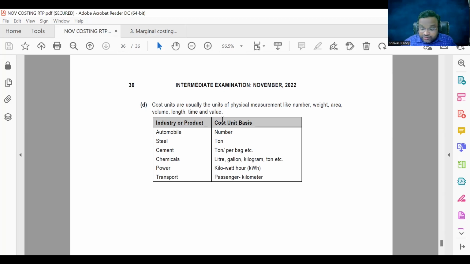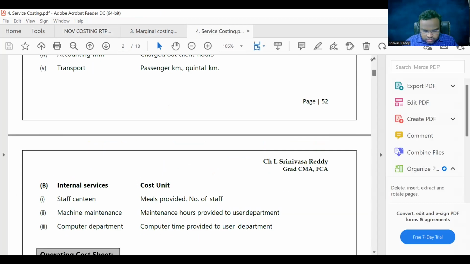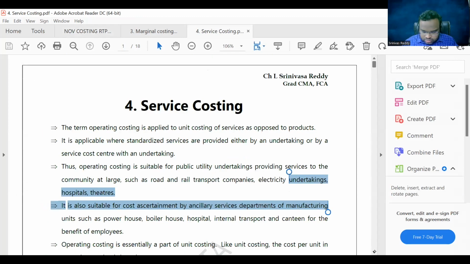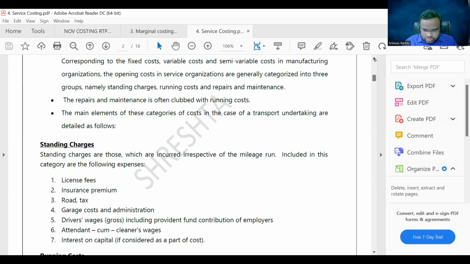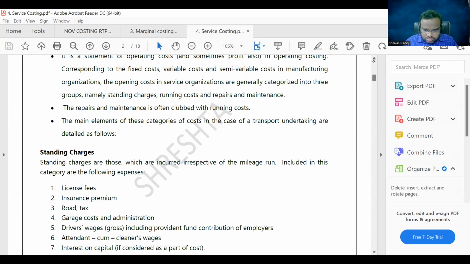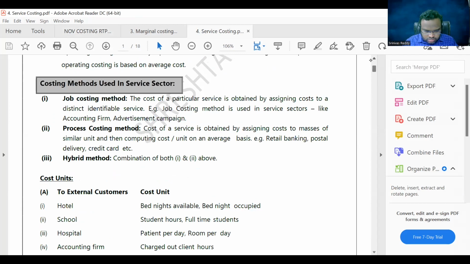Even though it is in the first chapter, I request you to work it out in the service costing chapter as well. From hotel, school, hospital, accounting firm, we have worked it out, right?